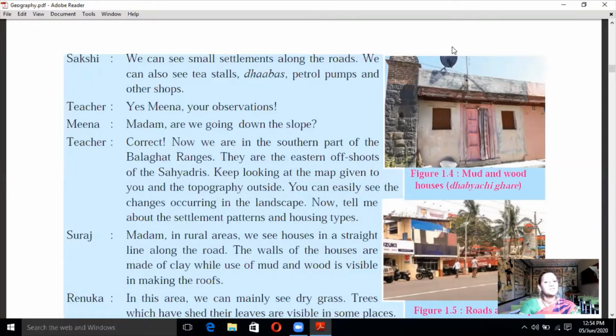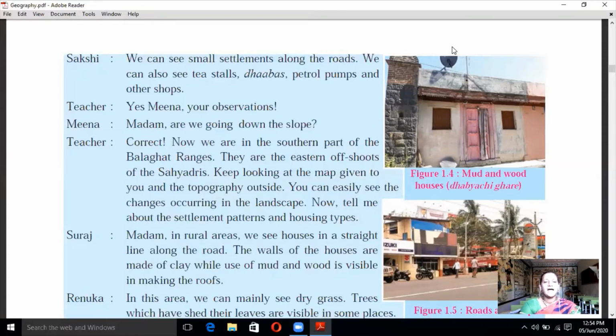At that time, the teacher told them that this is the southern part of the Balaghat ranges, the eastern offshoots of the Sahyadris. Keep looking at the map given to you and the topography outside. They could also easily see the changes occurring in the landscape when getting down from the slope section.